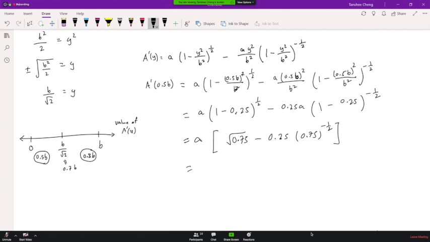What is the value that we get? Are we all following what I'm doing? Are there any questions? Okay. If you're good, then this will be the square root of 0.75 minus 0.25 times 0.75 to the negative 1/2 power.